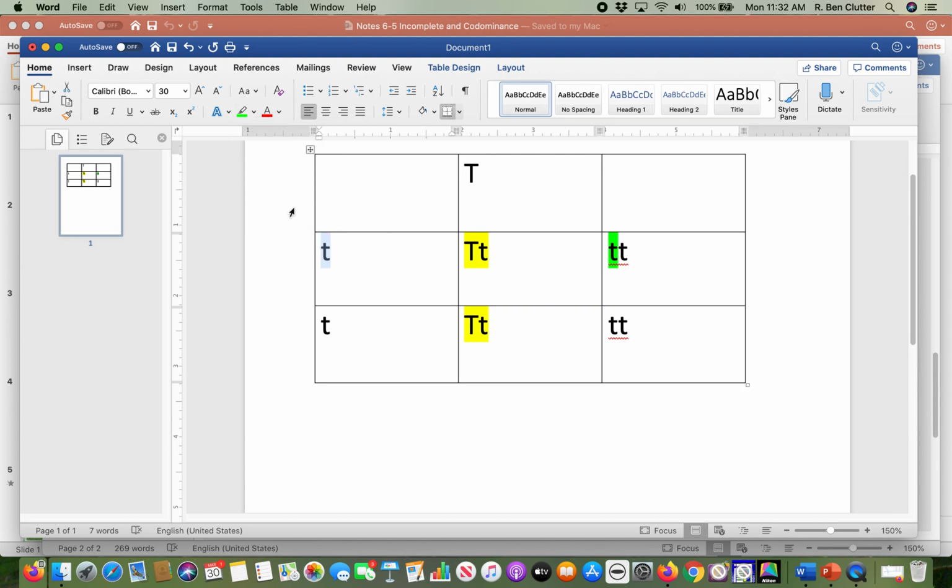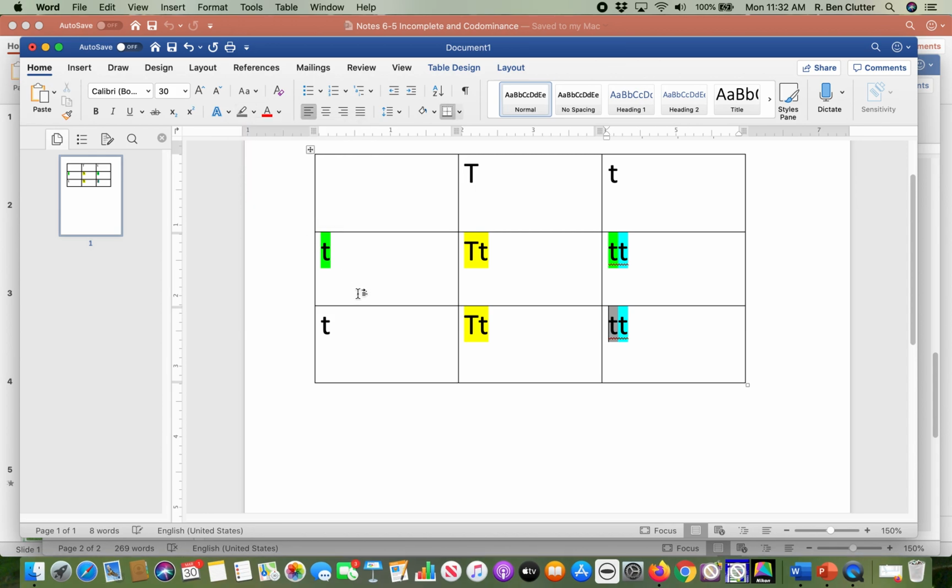Well, it came from over here. If this lowercase t came from over here, then where did this one come from? It had to come from up here. And that tells us that the male had to be heterozygous. That kind of makes sense then if we follow our color coding pattern here. Let's go with that.